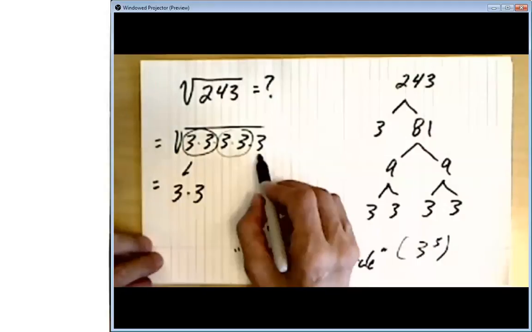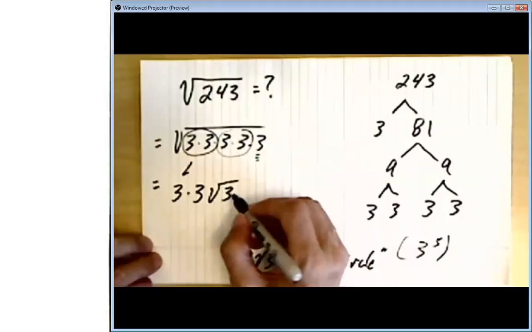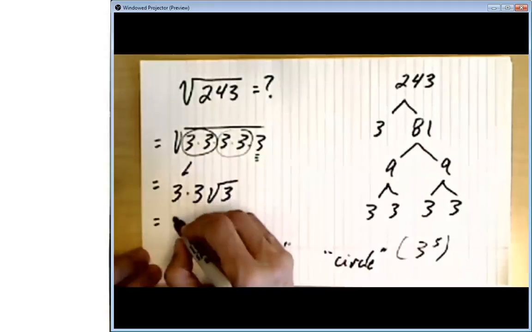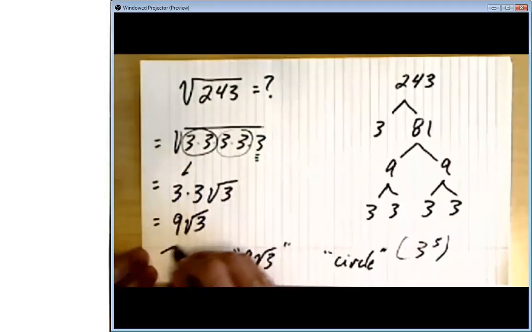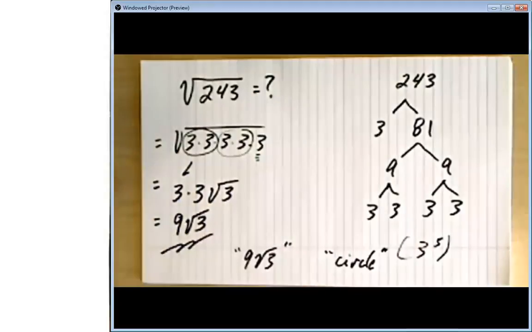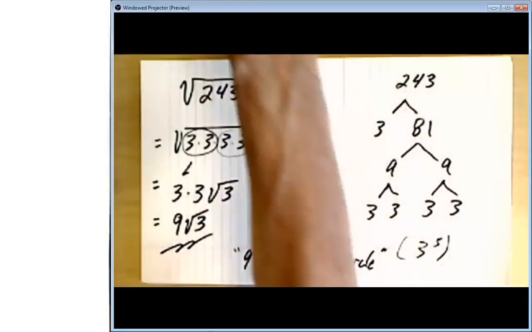And what's happening with this one? Still stuck there on the inside, right? And so what do you get? 9 root 3 for the simplified version.